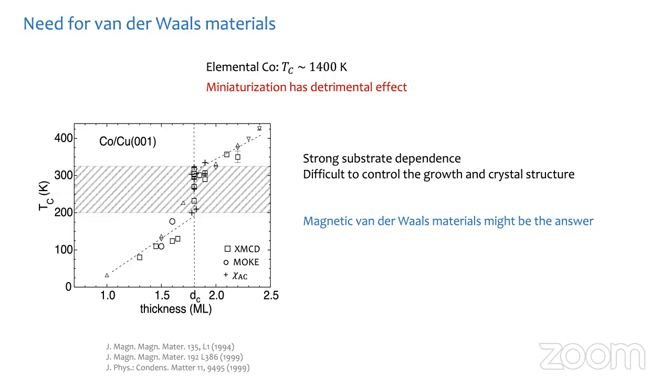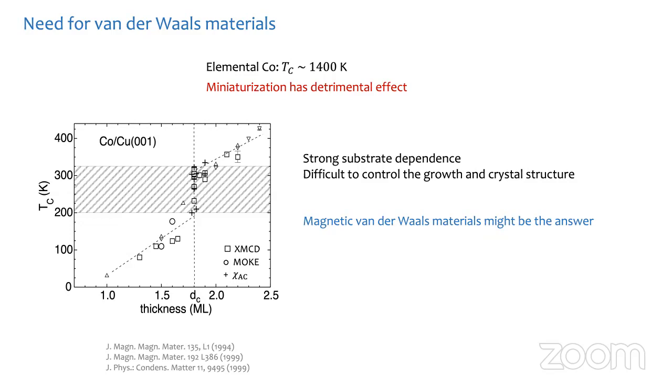Another difficulty might be that growing these thin layers might not be very controllable, and also retaining their crystal structure in the form that you want may be very difficult.